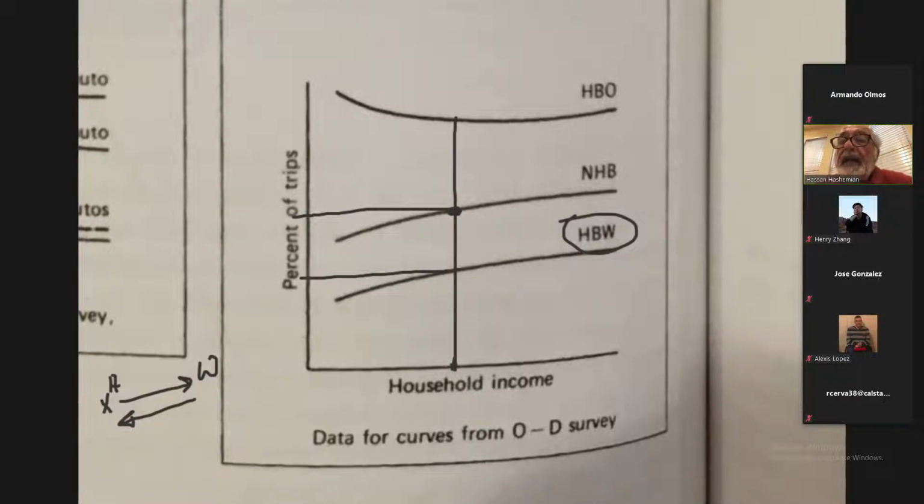And then we have home-based other, HBO. We try to figure out what percentage of those trips start from home but go other places like banks, shopping, visiting friends, not work. So those are called HBO, home-based others. So pretty much you break down your trips on these purposes.